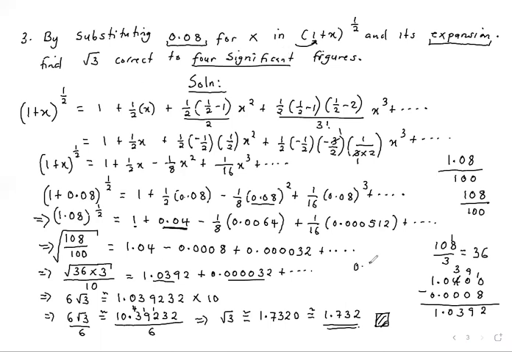So if you have 0.04 multiplied by 0.003, your answer will have how many decimal places? It will have 5. You count, sir. 1, 2, 3, 4, 5.